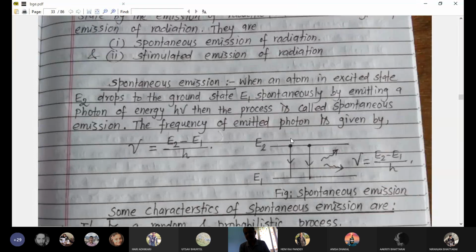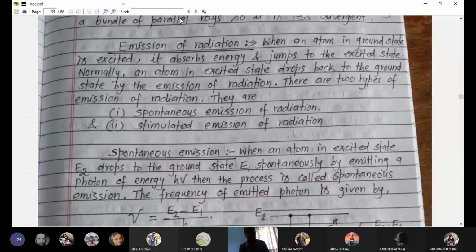And the frequency of emitted photon is given by nu equal to E2 minus E1 by h, because the difference in energy between two levels is given by h nu from Bohr's third postulate, which you have already studied in chemistry as well as in physics while studying about modern physics. That means nu equal to E2 minus E1 by h. And such phenomenon is called emission of radiation.